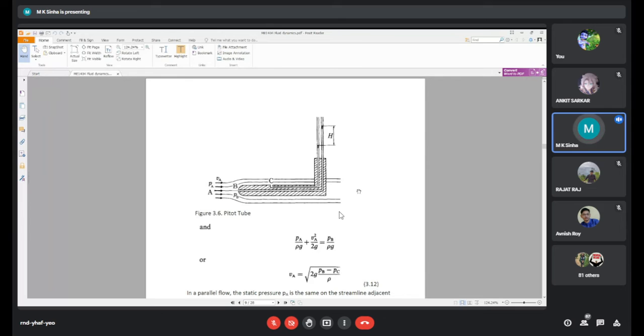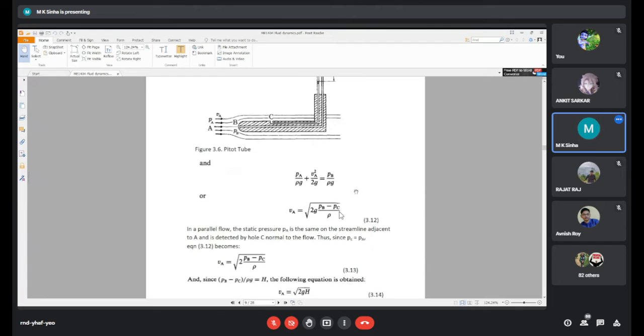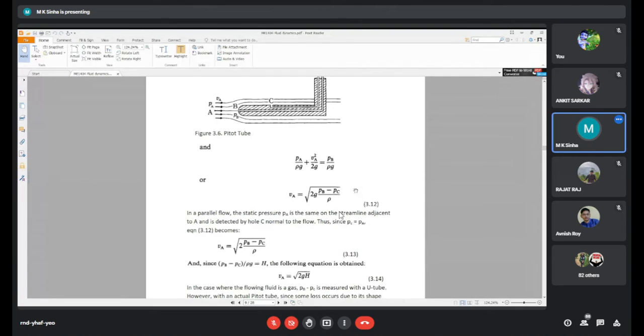And pressure at point A: PA by rho g plus VA squared by 2g equals the pressure at B, because it is stagnant, it is not moving, it is in contact with the solid thing. So velocity is the root under pressure difference by rho.